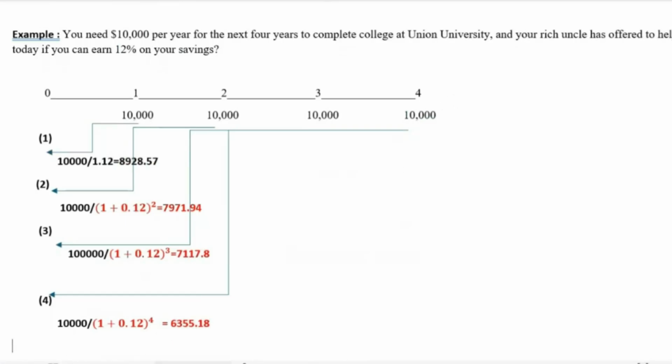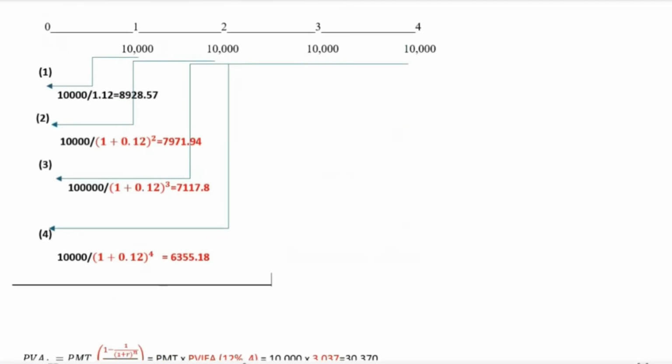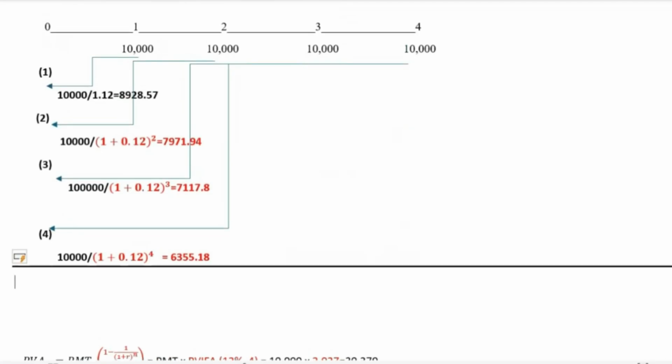But why does uncle need to write 4 different checks? He can just write one big check. So what is the one big check? You just sum all these four.